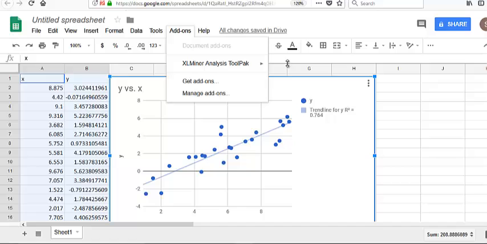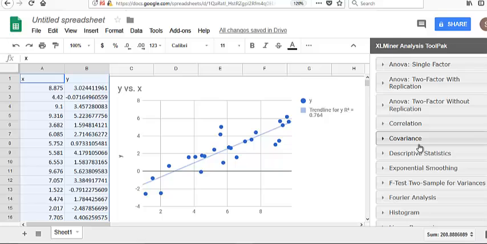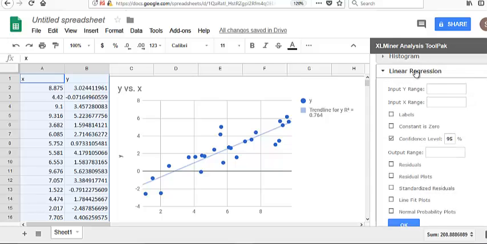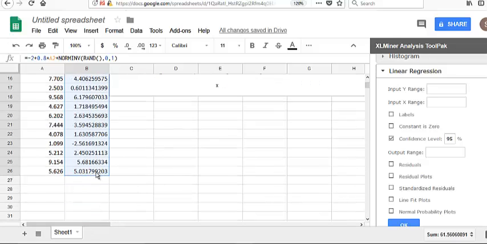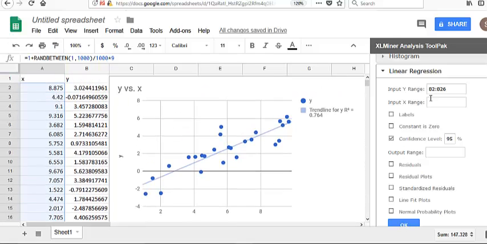So you go to Start, XLMiner Toolpak, and you go to linear regression. The inputs into linear regression are the range of y variables, which are here. Instead of doing them manually, I'm going to highlight the range, B2 through B26. Then I highlight the x values, A2 through A26.